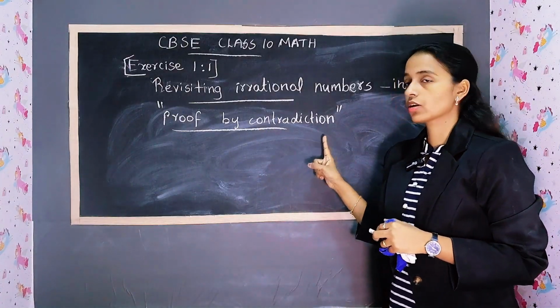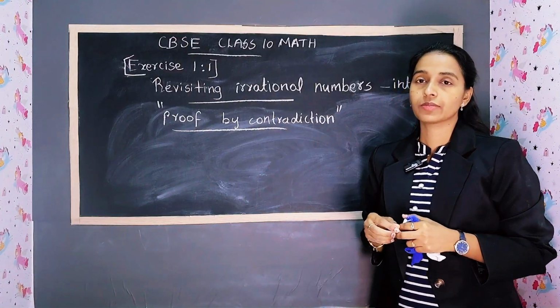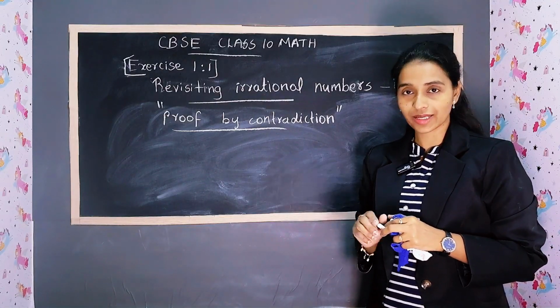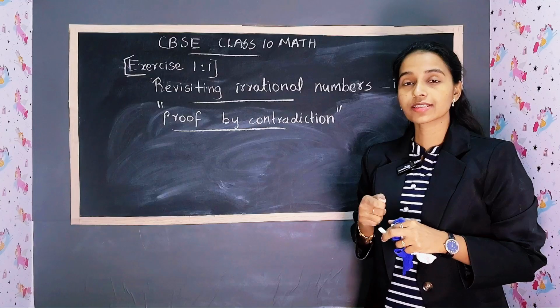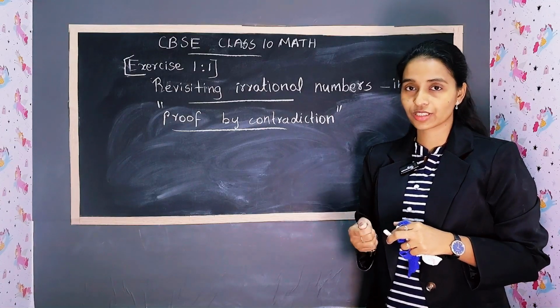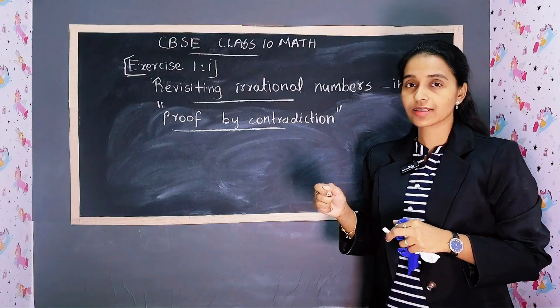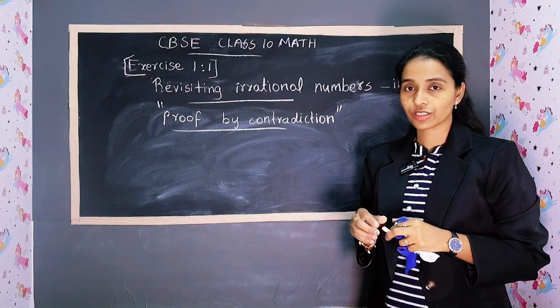Here proof by contradiction means, for example, let's imagine you're saying that there is no milk in the fridge, but your friend says that there is milk in the fridge. You're going to open the fridge and see that there is no milk in the fridge.